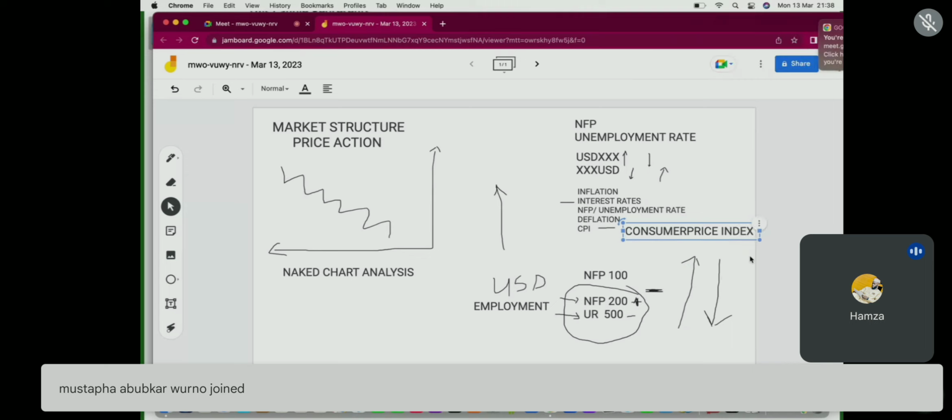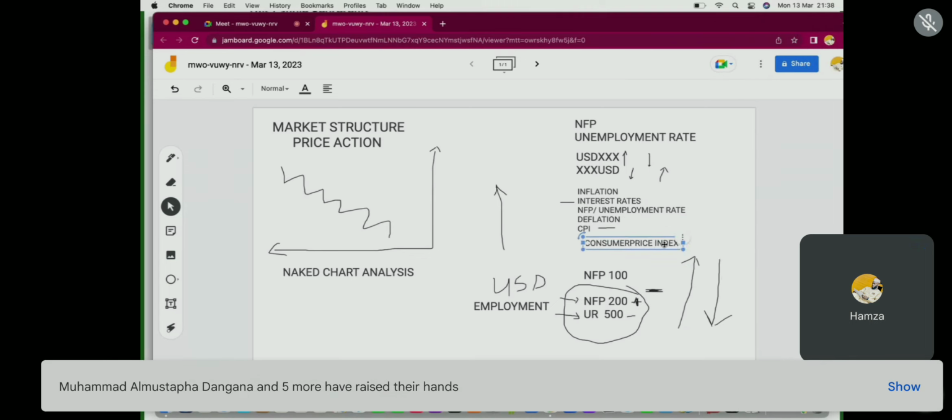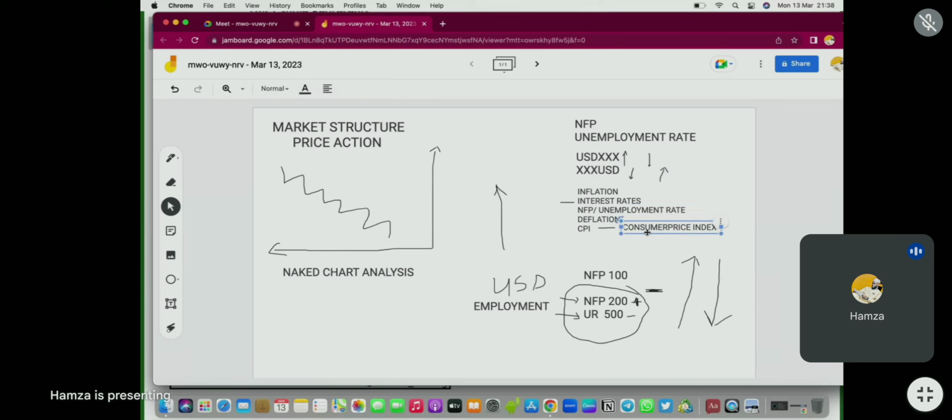Consumer price index. Now, behind all of these, there's the so-called dollar domination. Of course, the BRICS are fighting against the dollar domination. So this CPI is in fact a monumental CPI. It's going to be a very, very important CPI because it's going to mean so many things for the dollar.